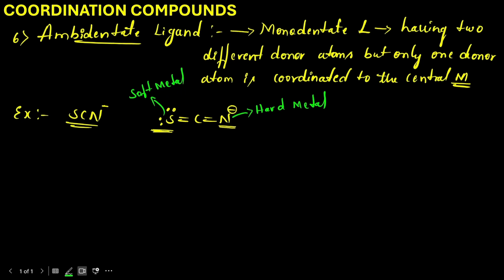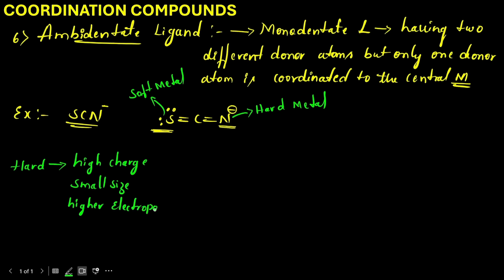Here hard metal means metals which have high charge, small size, higher electropositivity. And coming to soft metals, these are larger in size and have lower electronegativity.